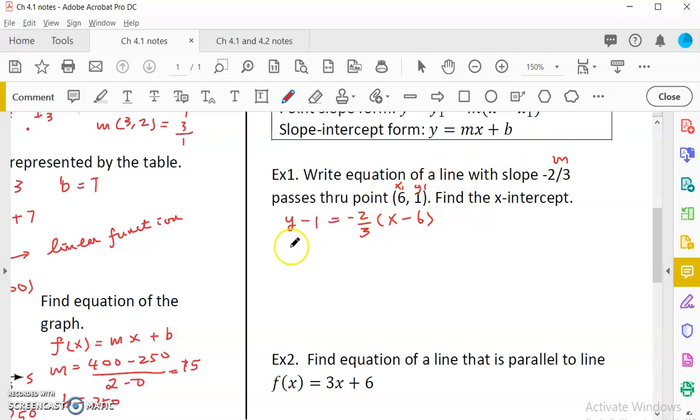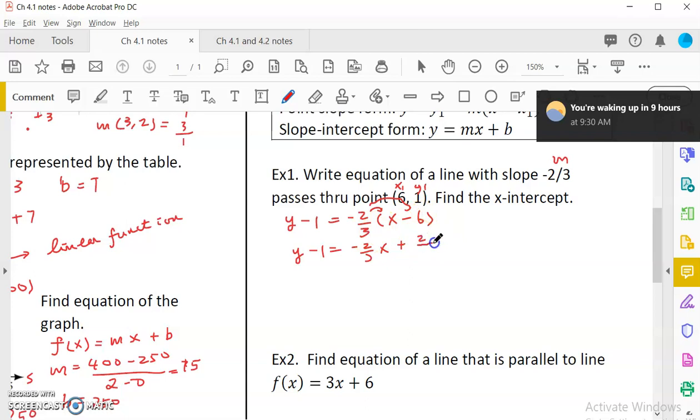And then you want to write it in y equals form. So it will be y minus 1 equals negative 2 over 3 x, meaning you distribute this. Negative 2 over 3 times negative 6 would be positive, because you have negative and negative. 2 times 6 is 12, and 12 divided by 3 is 4.